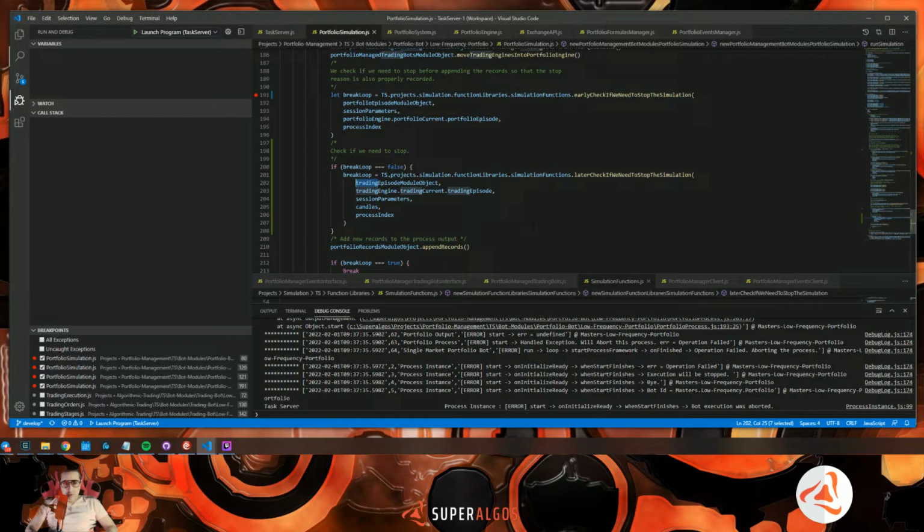I'm not sure why this is needed, but we're going to put a breakpoint there to make sure that everything goes fine. This should be portfolio. Portfolio current. Portfolio episode. And the rest can be just like that.